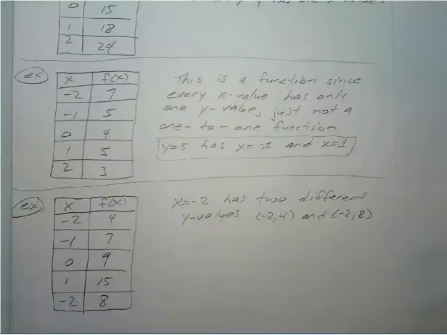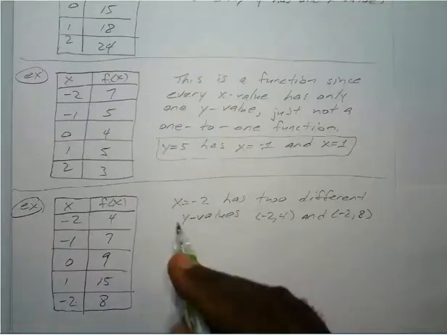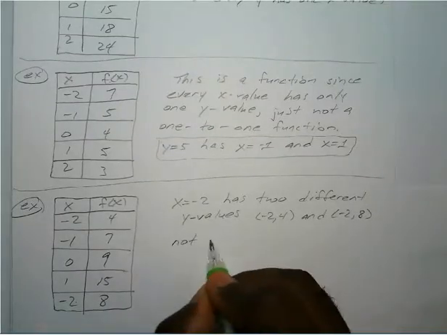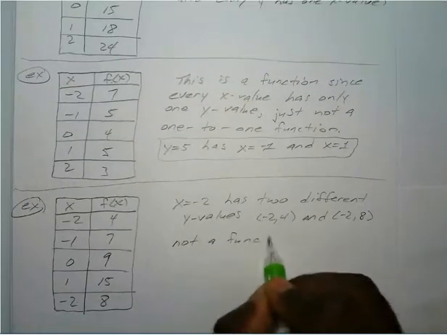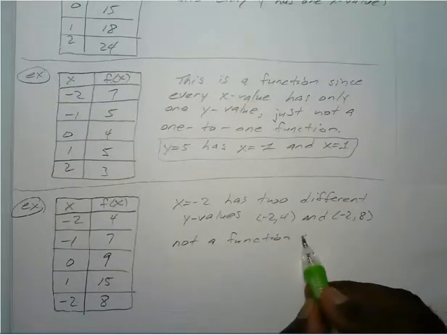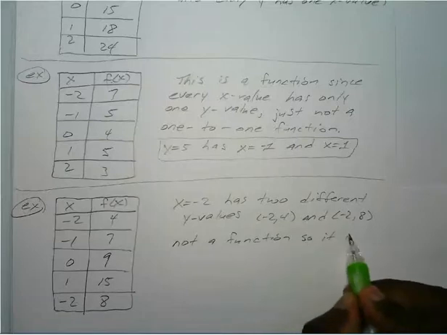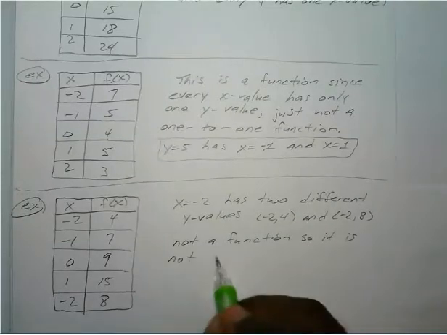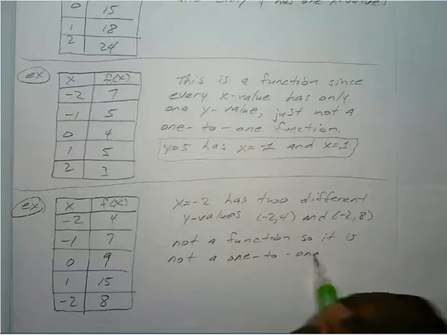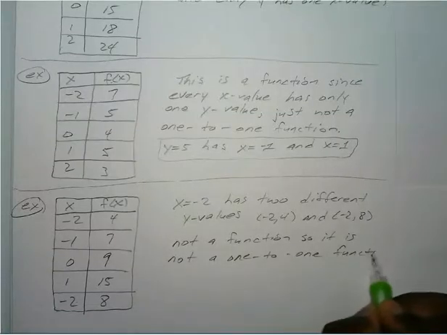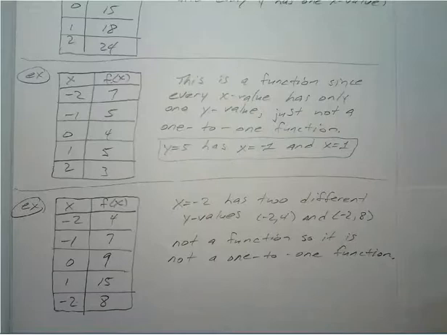Okay, now since it's not even a regular function, it surely can't be a one-to-one function. So it's not a function. So it is not a one-to-one function. Okay, so it can't be a one-to-one function if it doesn't even qualify as a function.